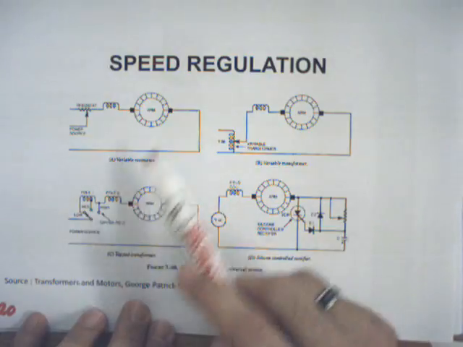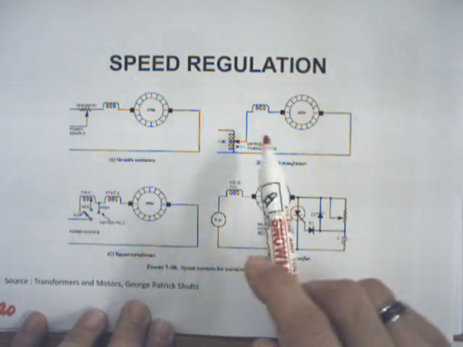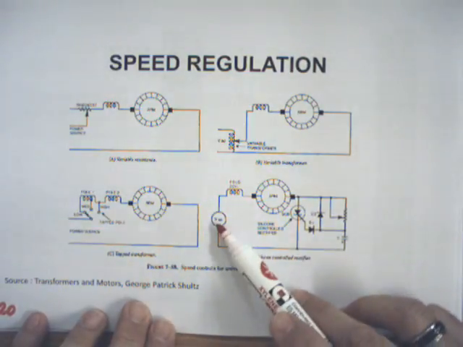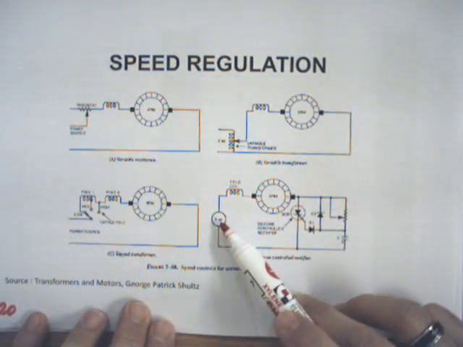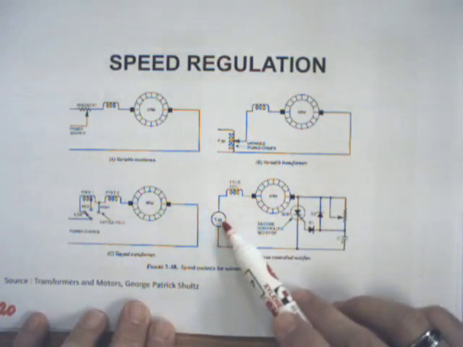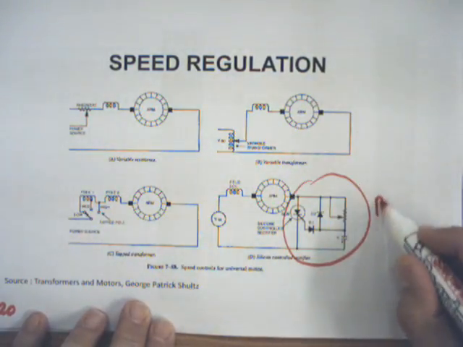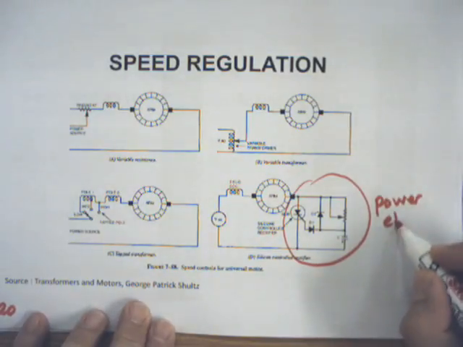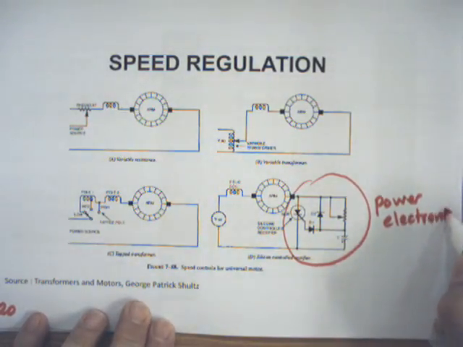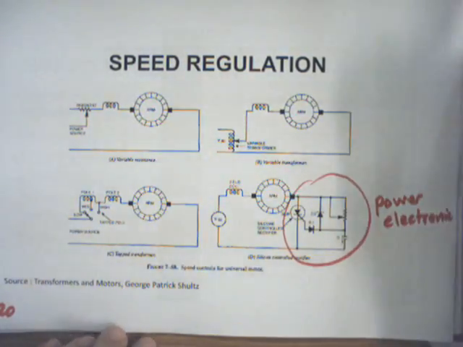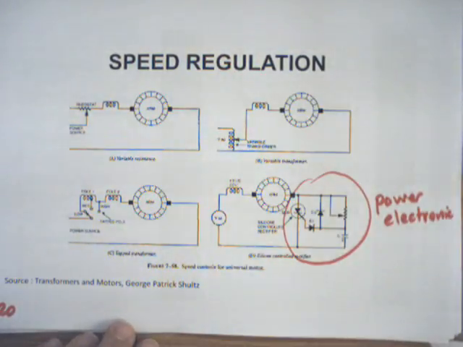So this machine has different internal windings than the first two ones, or the alternating current or supply voltage can be controlled by this power electronic circuit. This is like a voltage chopper, which can be explained in another slide. So these are basic methods of controlling the speed of universal motors.